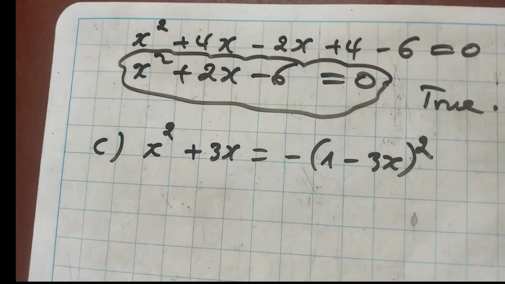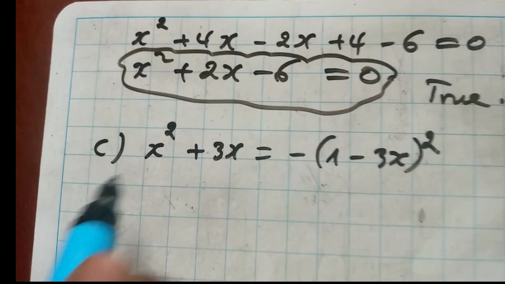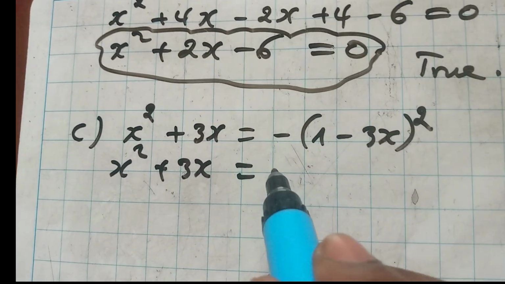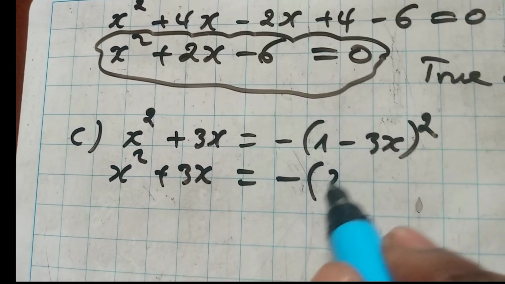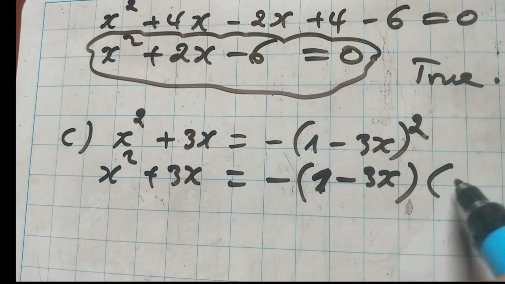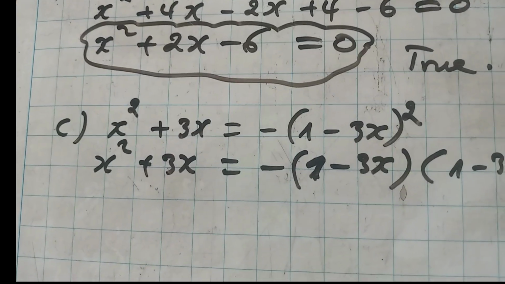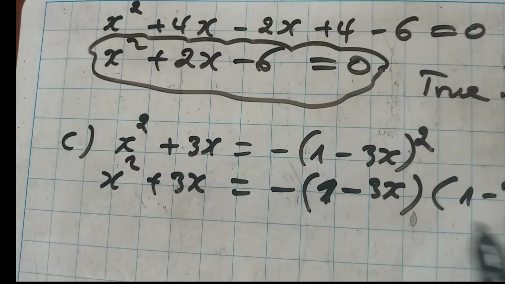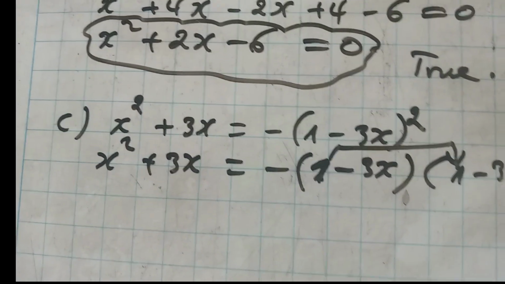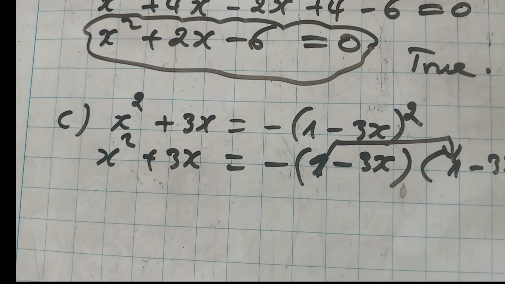So this one, we have to expand. We have x squared plus 3x, which is equal to negative (1 minus 3x) times another (1 minus 3x). Trying to expand this one, this one is going to multiply each and every term in the second factor.